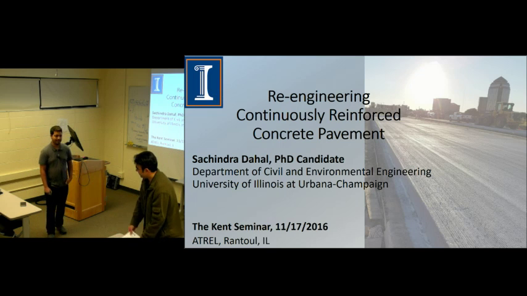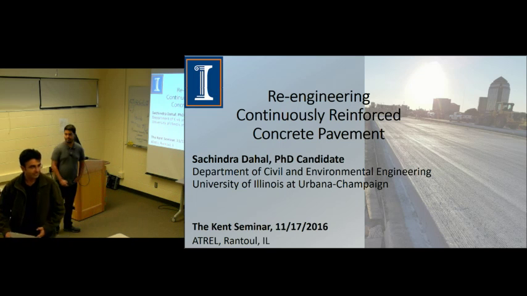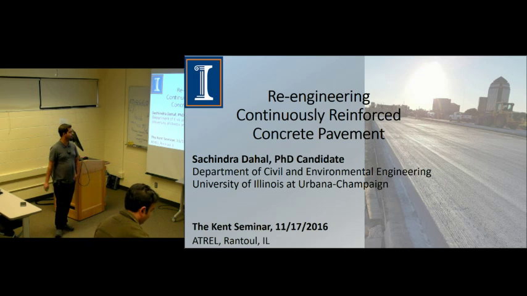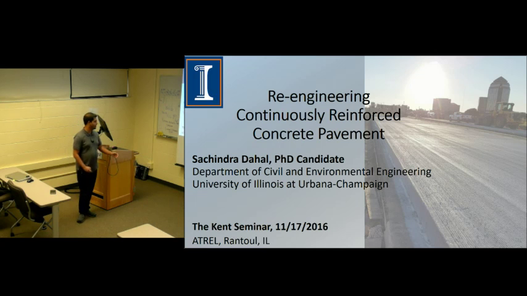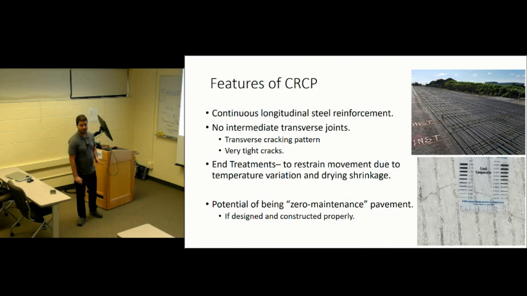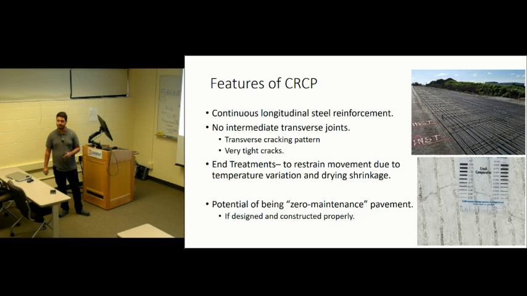Right, yeah. So I'm Sachindra, and I'm presenting about re-engineering CRCP. I work with Professor Rissler, as he mentioned, and let's start. So I'll begin with some basic features of CRCP. CRCP is a concrete pavement that has continuous longitudinal reinforcement. And one of the features is we don't manually make any joint in CRCP.